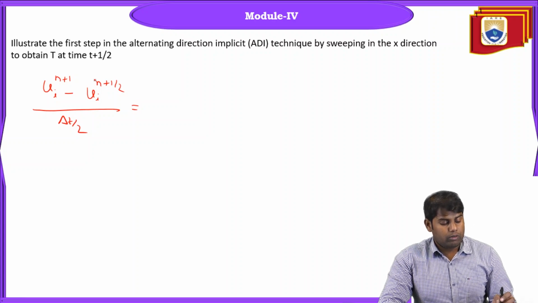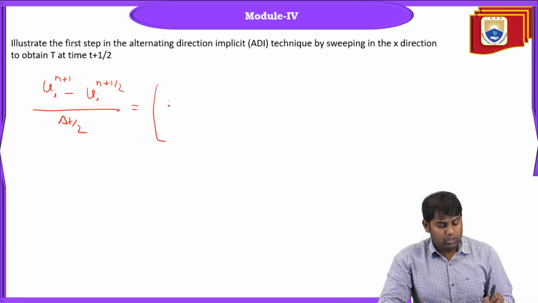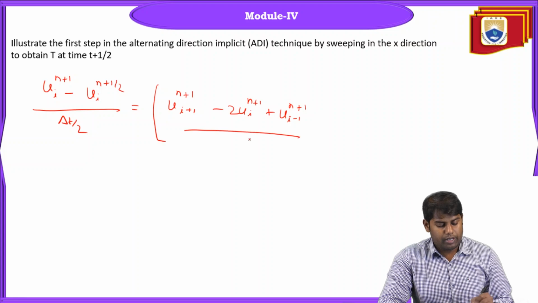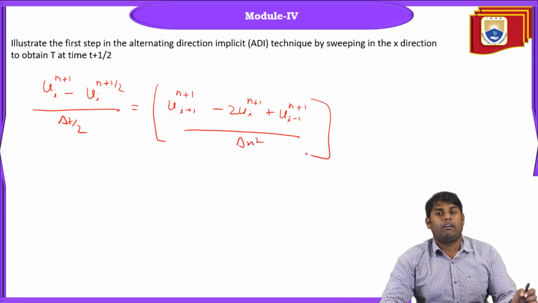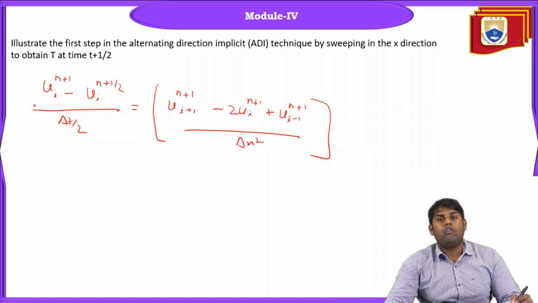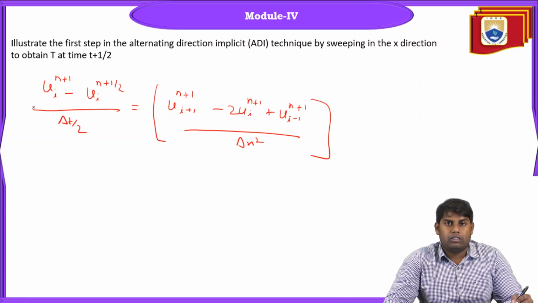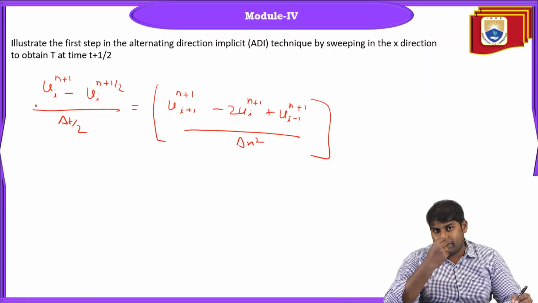Basically the implicit is u at n+1. So (u_{i+1}^{n+1} − 2u_i^{n+1} + u_{i−1}^{n+1}) / Δx². Okay, so this is what we have for the second half along the x direction. Fine. So this is for the 1D.